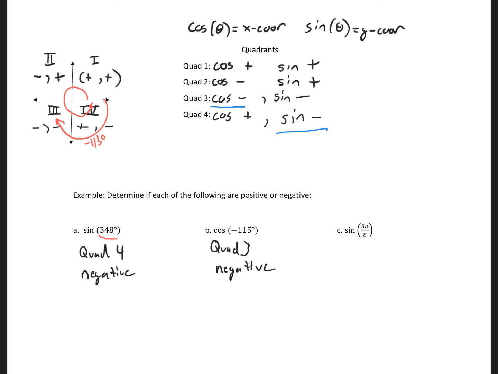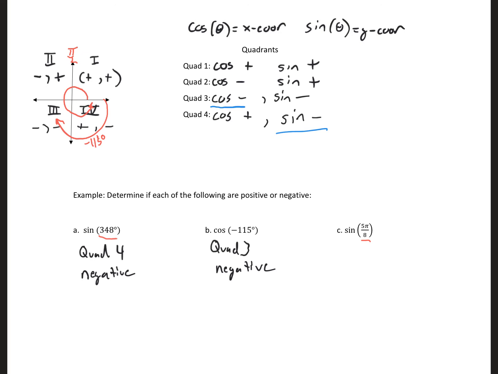How about sine of 5 pi over 8? Well, we know that 5 pi over 8 is between pi over 2 and pi.